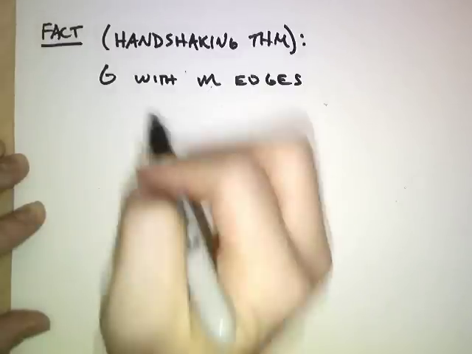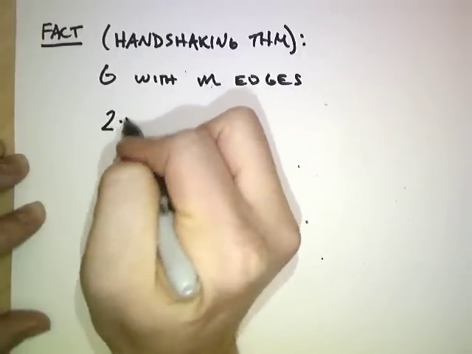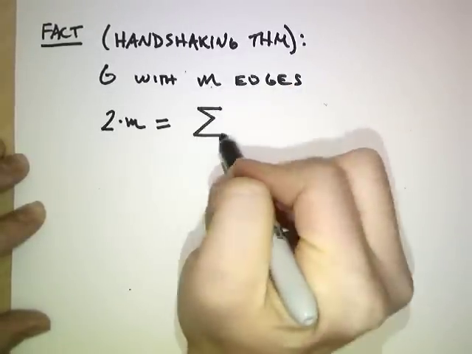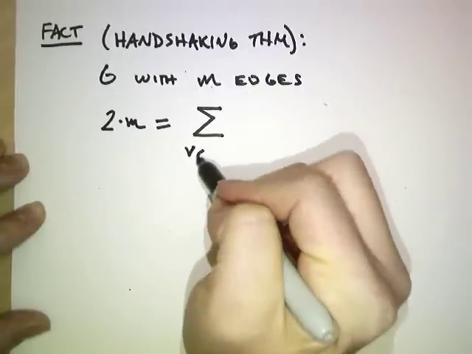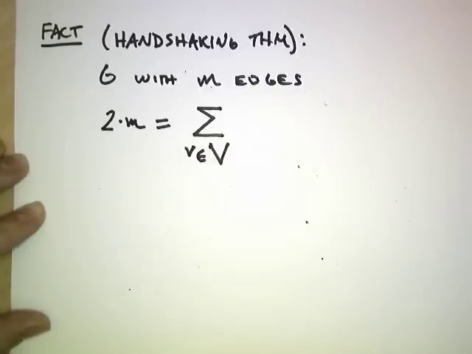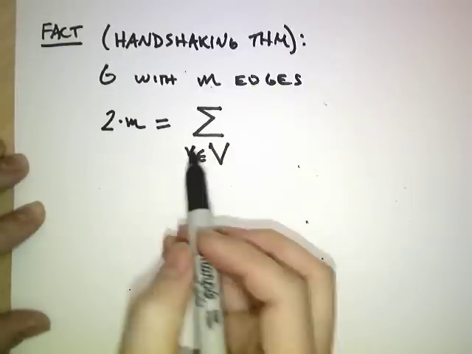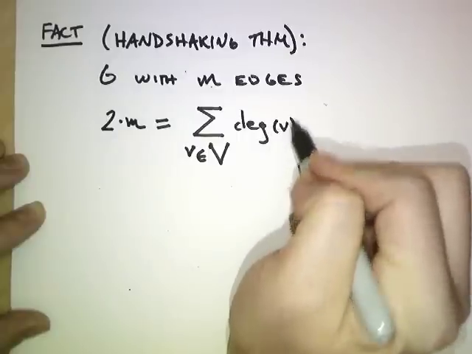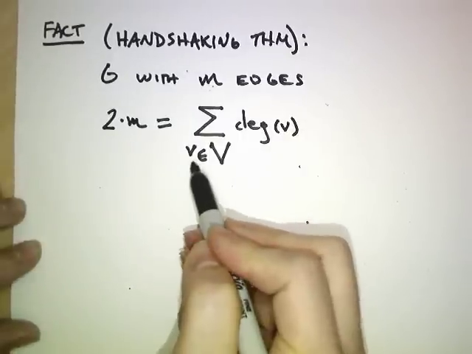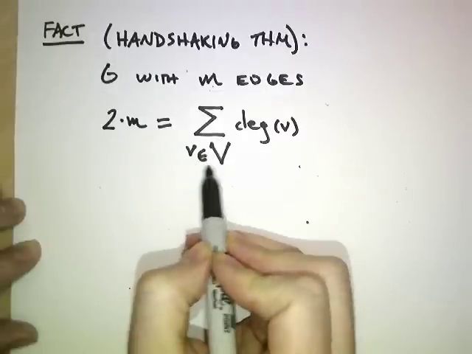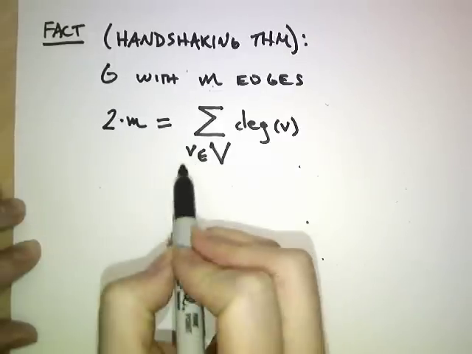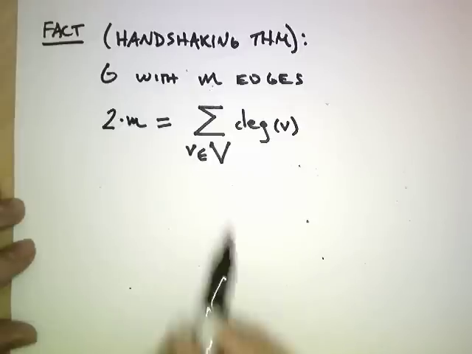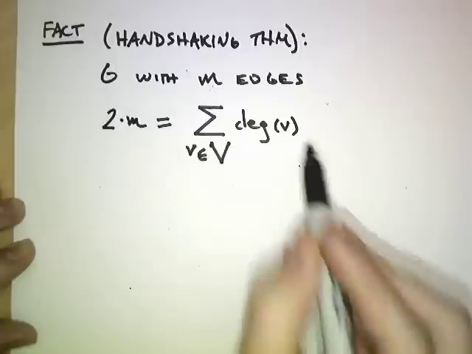Then the following is true. 2 times the number of edges is always equal to the sum over all the vertices in the collection of vertices, the sum over all vertices of the degree of that vertex. Okay. So this notation here means take the sum over every vertex in the graph. This is read V in V. Again, this is just a little bit of set notation that we need to know in order to do this.